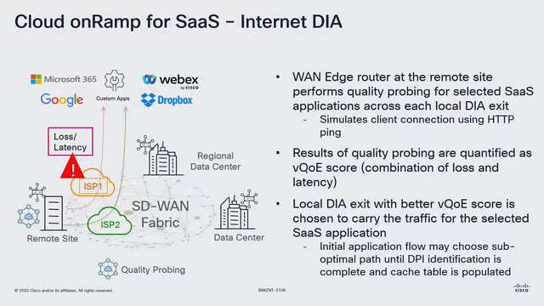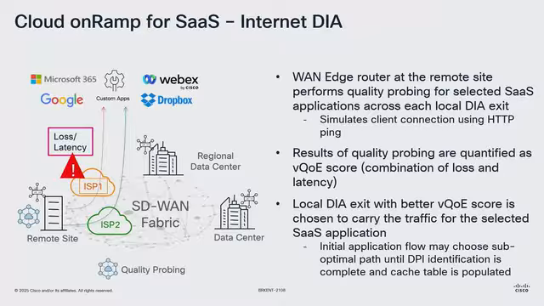And let's say there is a loss and latency on ISP1. So we constantly send out HTTP probes on all the WAN links to determine the performance of the particular link. Using those metrics, you define how the particular WAN link is performing. And if you see a better score on another path, you would use that path to access the SaaS application.